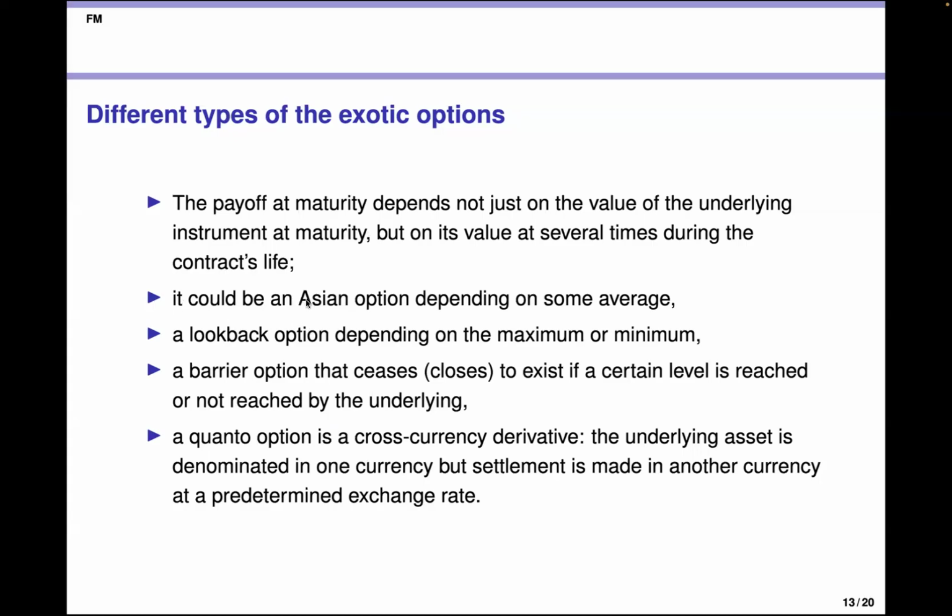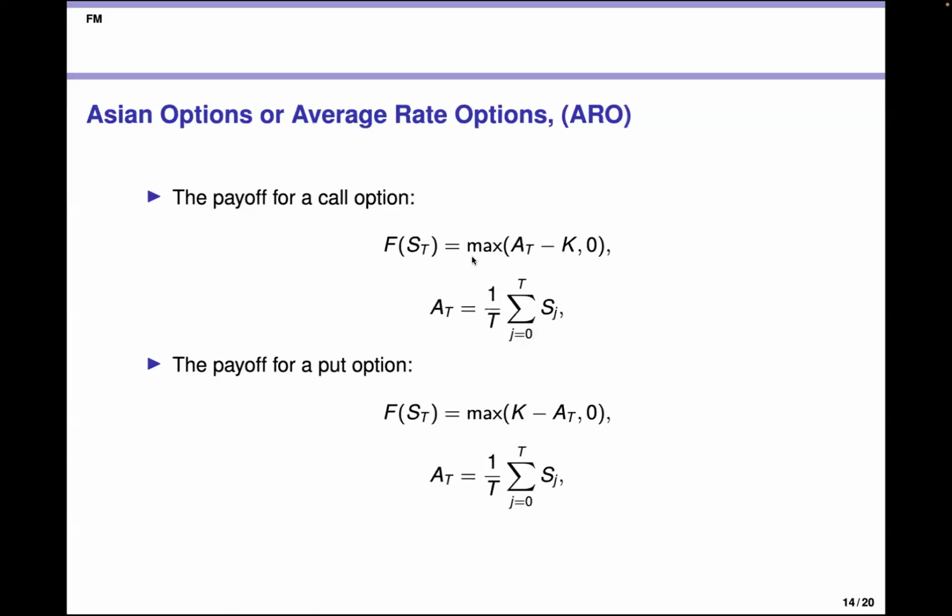For example, an Asian option depends on some average. A lookback option depends on the maximum or minimum. A barrier option depends on whether a certain level is reached or not. You can see more precisely about this.